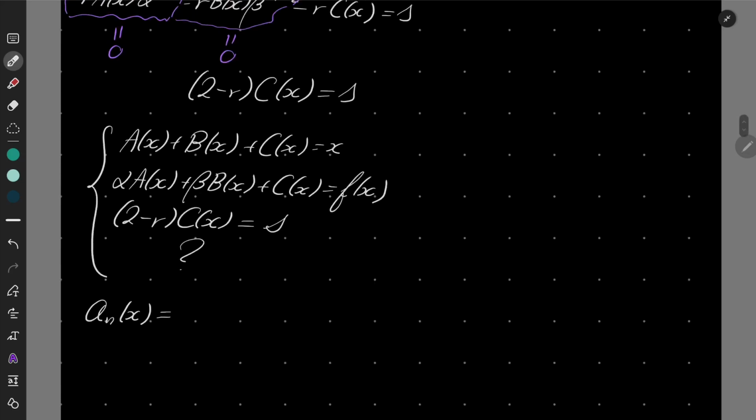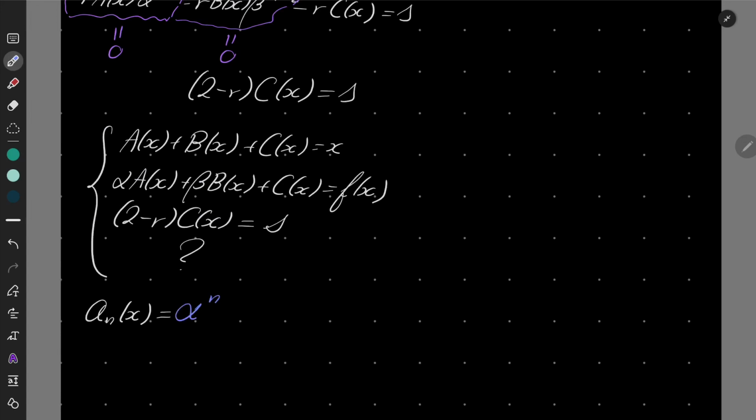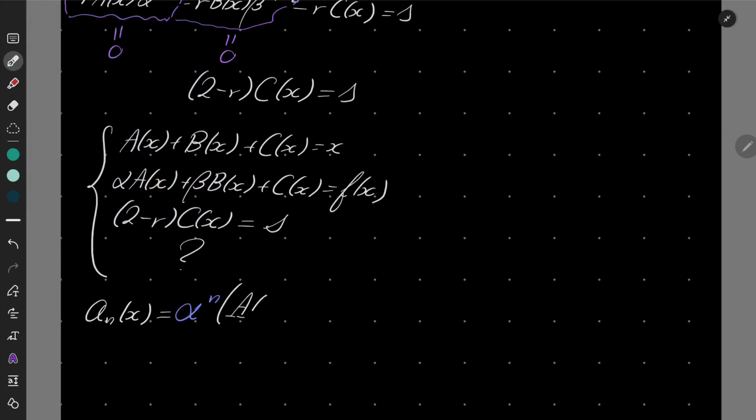I will take alpha to the power of n in front, and I will have a of x plus b of x times beta over alpha to the power of n plus 1 over alpha to the power of n times c of x.